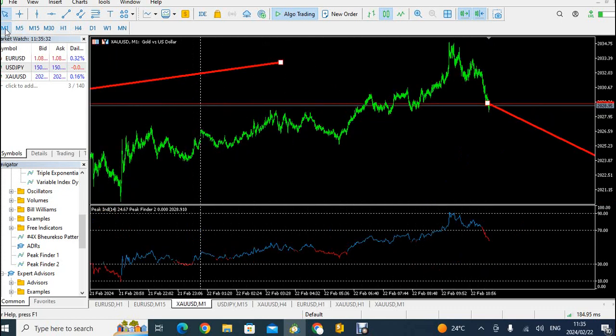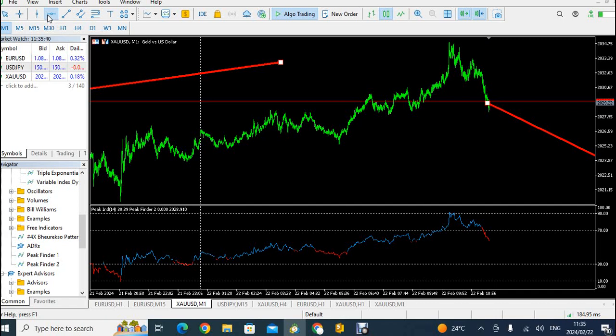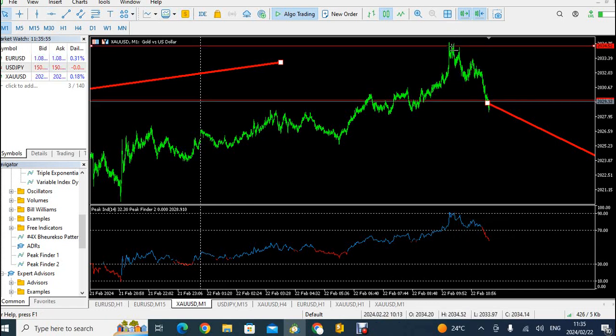I cannot talk about all the tools in one video, but just so you know, as you can see here, if you go to the M1 chart, right? If you're not going to be trading for a long time, let's say you're scalping, this tool will help you. As you can see here, there's a peak, which is that peak over there.